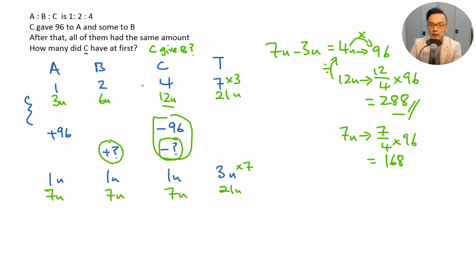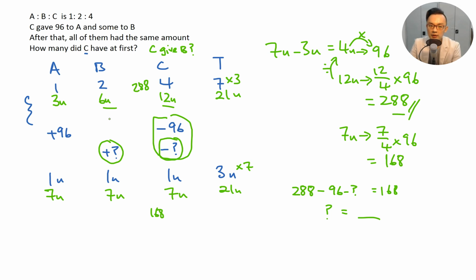So I know I had 288 here, I had 168 left, I had 96, I had a question mark. So therefore 288 minus 96 minus question mark equals 168. And from here I can find my question mark, how much I gave to B.